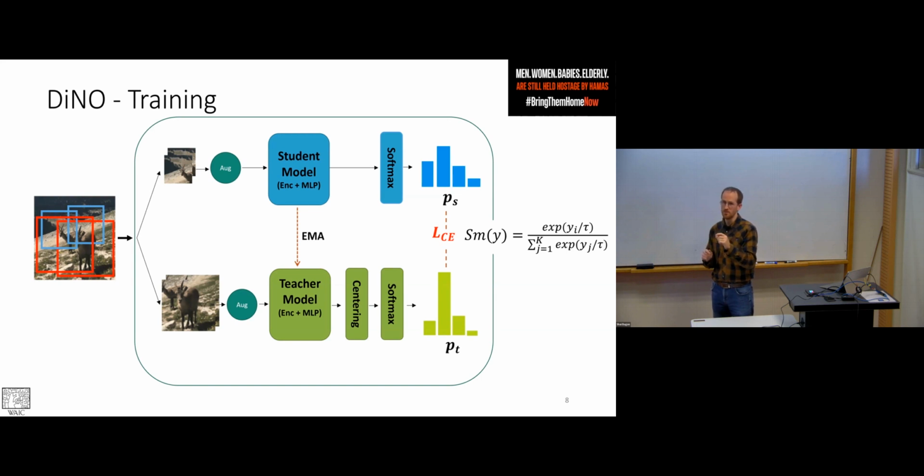They need to predict different labels, otherwise the centering will prevent the constant label solution. And they need this label to be unique because the temperature makes the softmax spike for a specific label. So you need to predict a different label for different images, but for the same crops, they need to match.